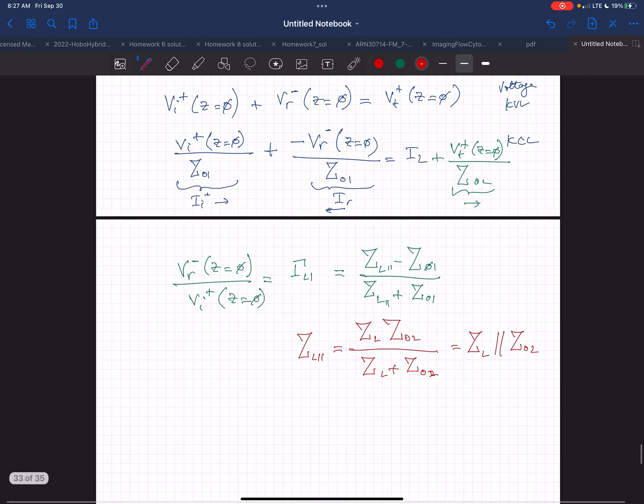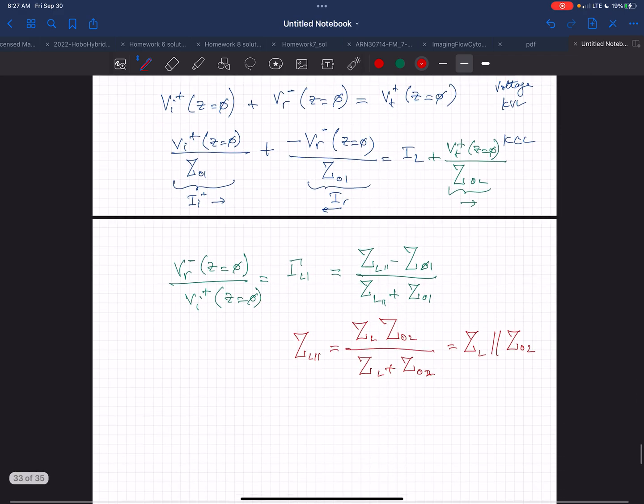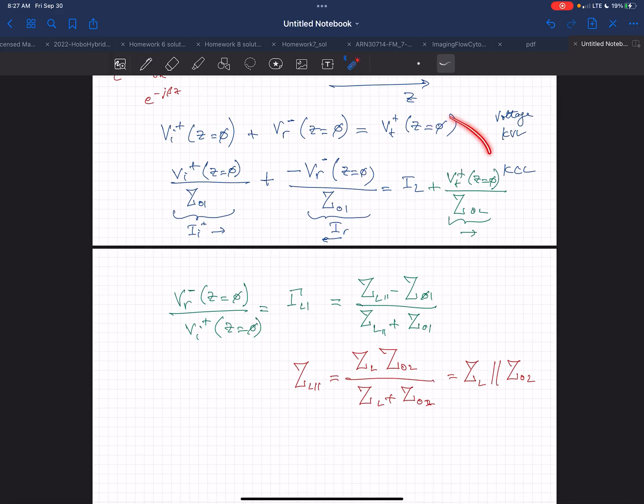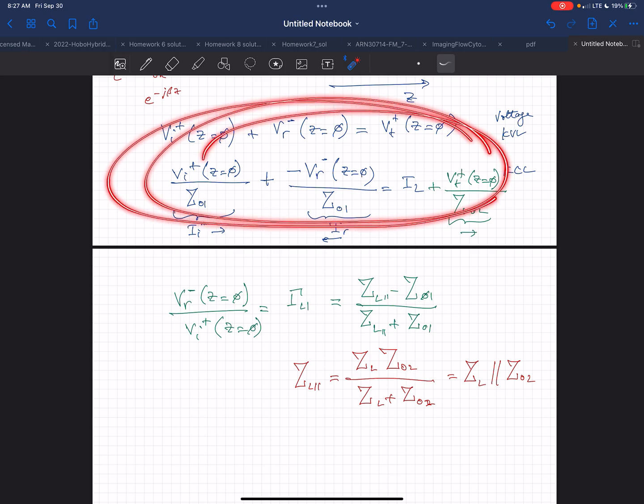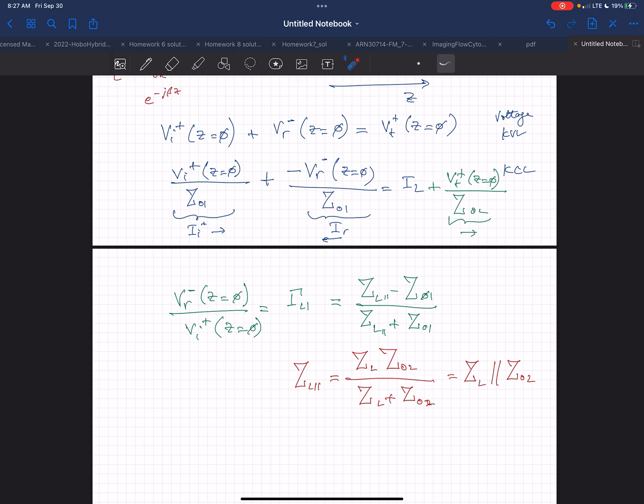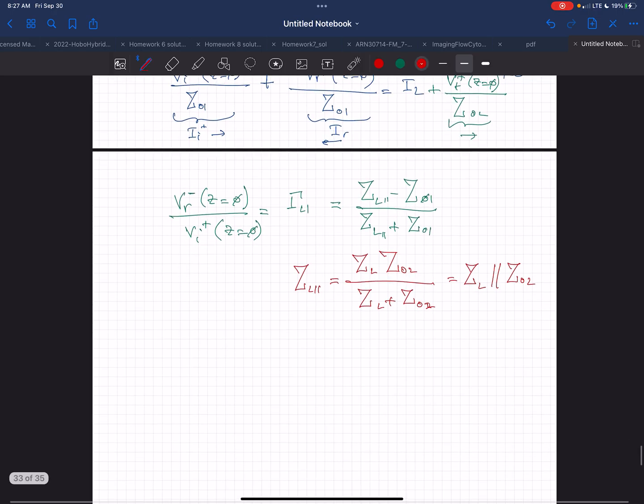Okay, so I'm going to leave working out the details of solving these. Basically, you can use these two equations to solve for the ratio of the transmitted wave, VT plus at z equal to 0, over V in plus at z equal to 0.